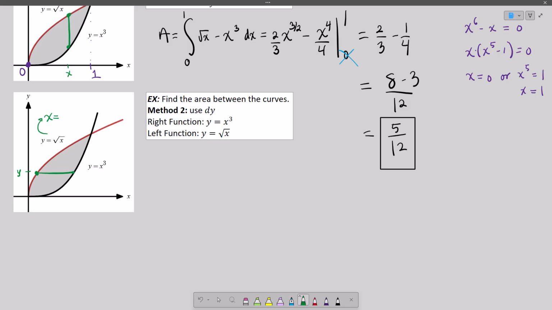And down here, we need to change this one into an x value, cubed root of y, which you could write with fractional exponents or with the root symbol, either way. All right, so there you go. So now we've got the left and the right curves presented as x values. Now we can take their difference to figure out the height of the rectangle. So go for it.